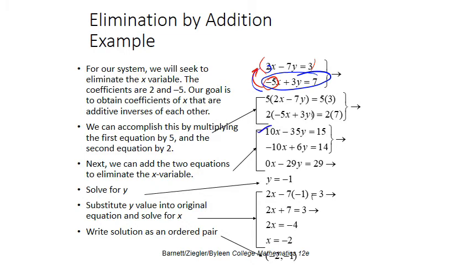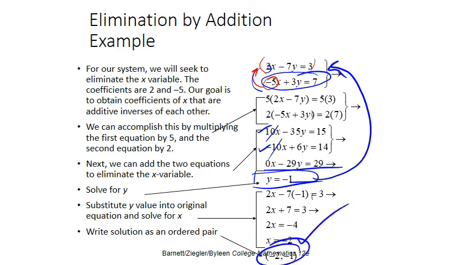So you can see the coefficient of x is the same. If we add these two equations, 10x will cancel out with minus 10x, so we will be left with only y, and we can solve this equation for y. Similarly, you can substitute y equals minus 1 into any one equation given above, and you can solve it for x. So that would be your solution, minus 2 and minus 1.